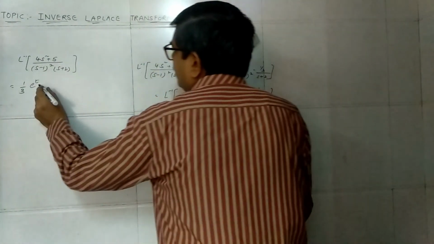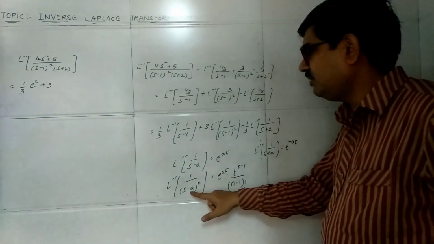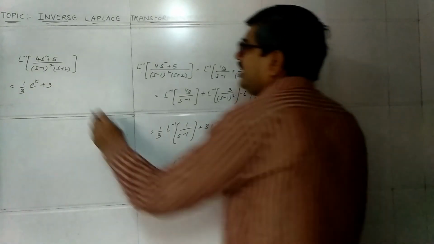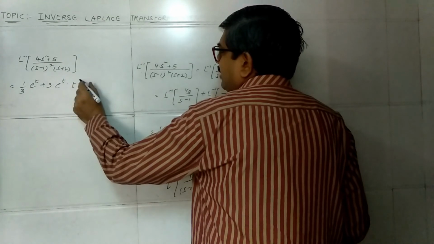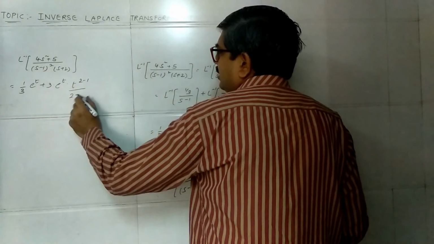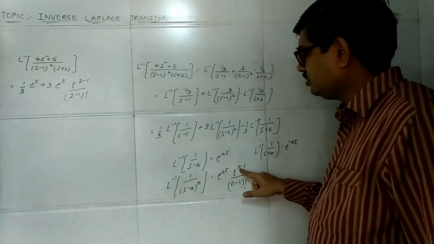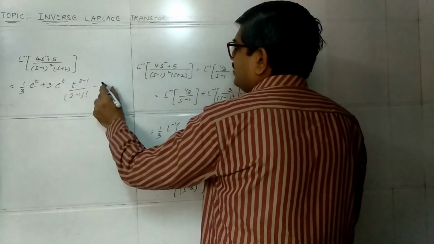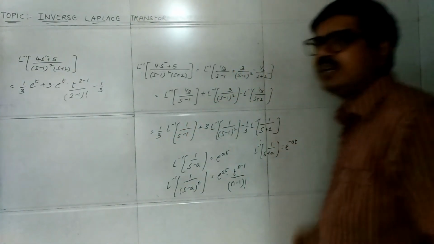Then plus 3 into, here the value of a is again 1 and n value is 2. So e raised to at, that is e raised to 1t, and t raised to n minus 1, that is 2 minus 1, upon 2 minus 1 factorial. Value of n is 2 here. So t raised to 2 minus 1 upon 2 minus 1 factorial. Okay. Minus 1 by 3. Here the value of a is 2, so e raised to minus 2t.